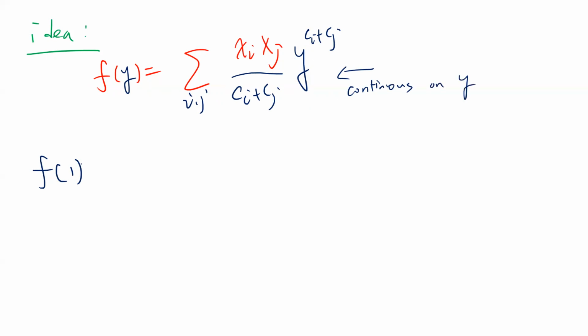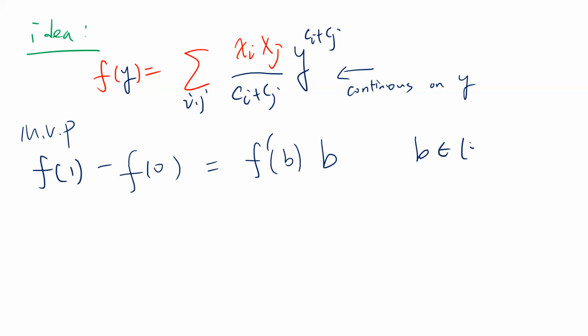Okay, so if you use the mean value theorem, then f(1) minus f(0) equals f prime of b, where b belongs to the open interval (0, 1). f of 1 is just what we want to prove, and f of 0 is 0, right?